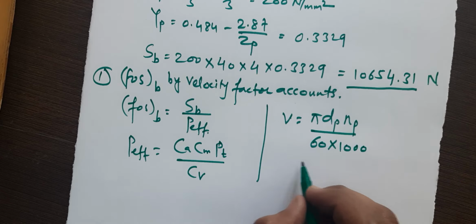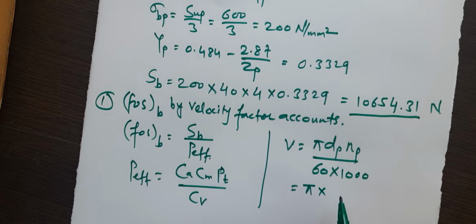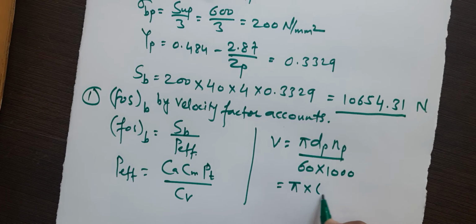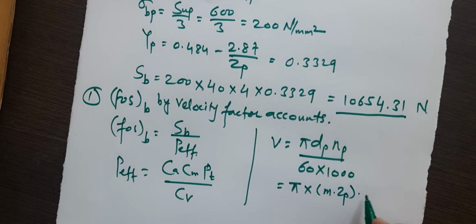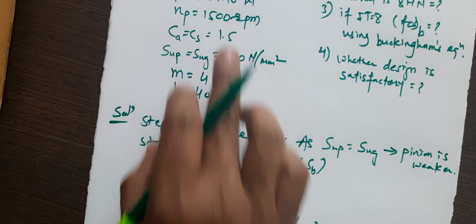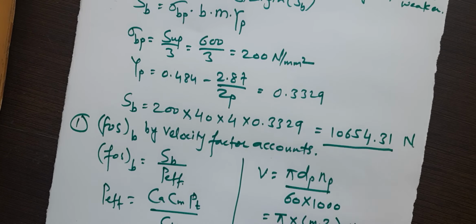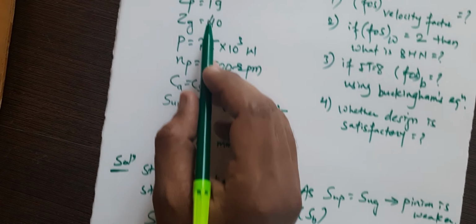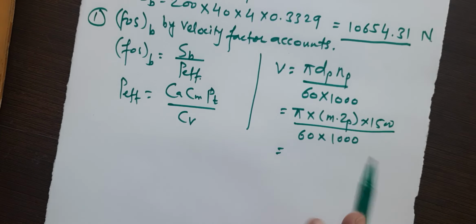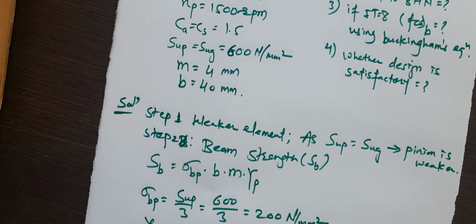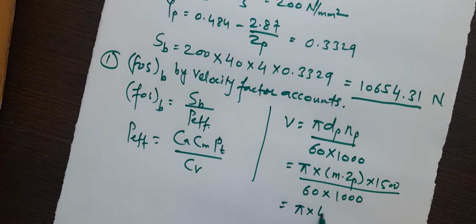Now if you put in values, pi into dp, which is m into zp, into np, given as 1500, divided by 60 times 1000. Substituting zp as 19 and m as 4, pi into 4 into 19 into 1500 divided by 60 times 1000.